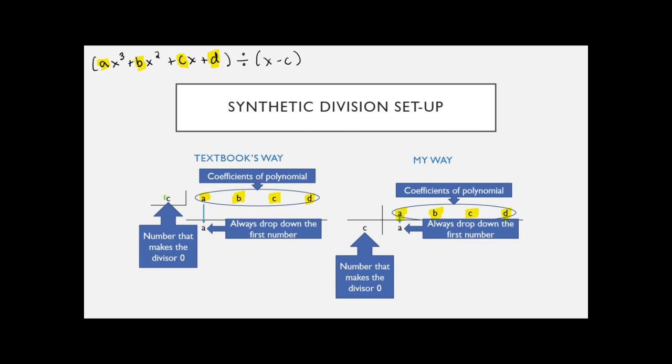And then in this little area here goes whatever makes this part equal to 0. So if it's x minus 2, you would put 2 in the spot that I have highlighted in green. If it was x plus 2, you would put negative 2 because you're putting in what makes it 0, whatever would cancel that out.